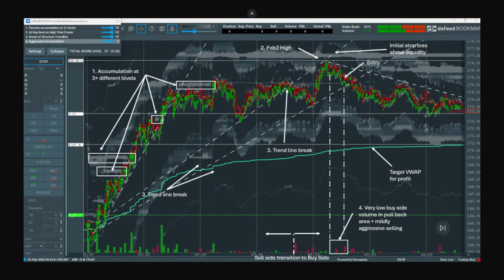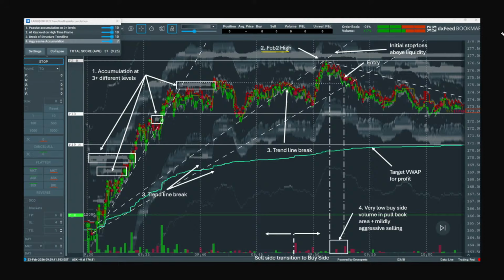I have the key time frame as the February 2nd high, and I marked the trend line. I'm trying to get better at drawing my trend lines after that last feedback, so I drew a couple trend lines. It's interesting. This last coaching session has been really huge for me, because I realized I'm misreading some of these concepts or not applying them correctly.